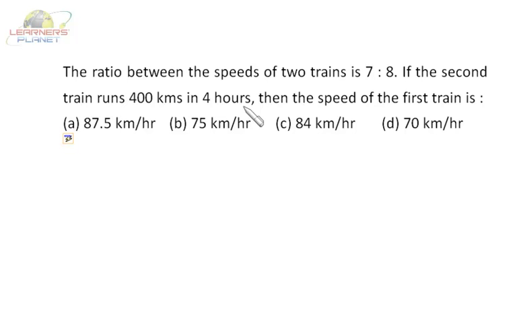Now, this speed is actually 8 parts. So 8 parts is 100 kilometers per hour. That means one part is 12.5 kilometers per hour. That means 7 parts is 12.5 into 7, that is 87.5 kilometers per hour. So no paperwork is required at all.